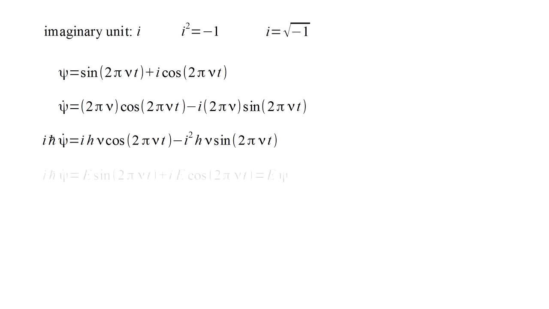The 2 pi's cancel, h times nu is energy E, and minus i squared is minus minus 1 equals 1. The resulting real part is E times the sine, and the imaginary part is i times E times the cosine. So i h bar psi dot equals E psi.